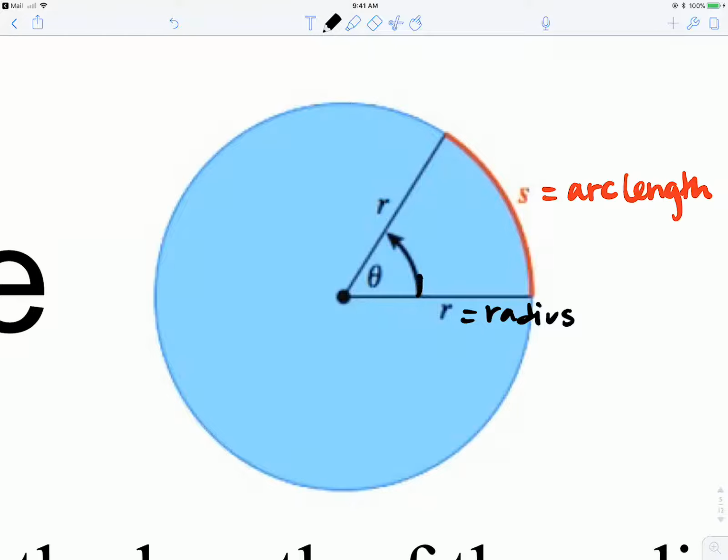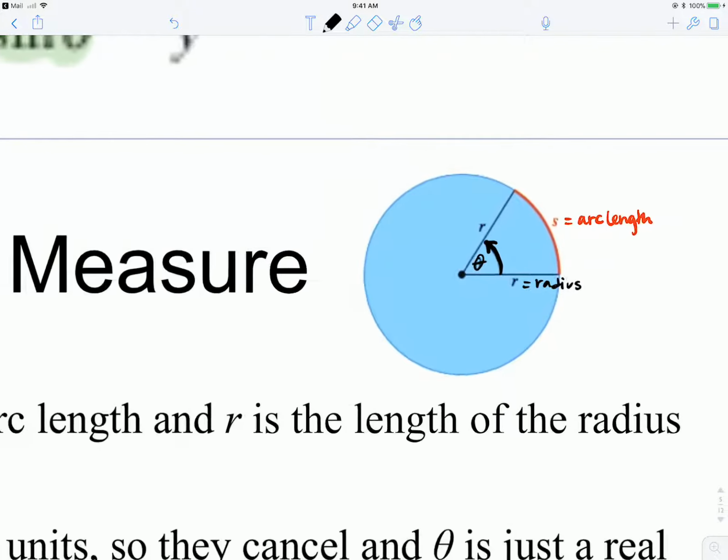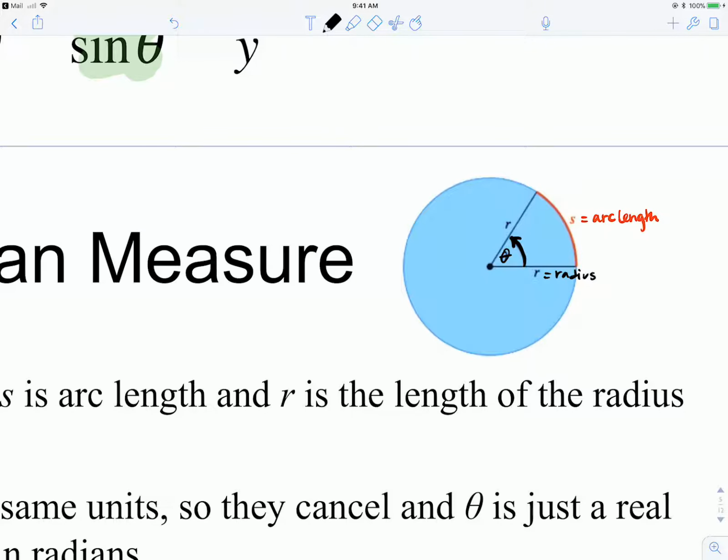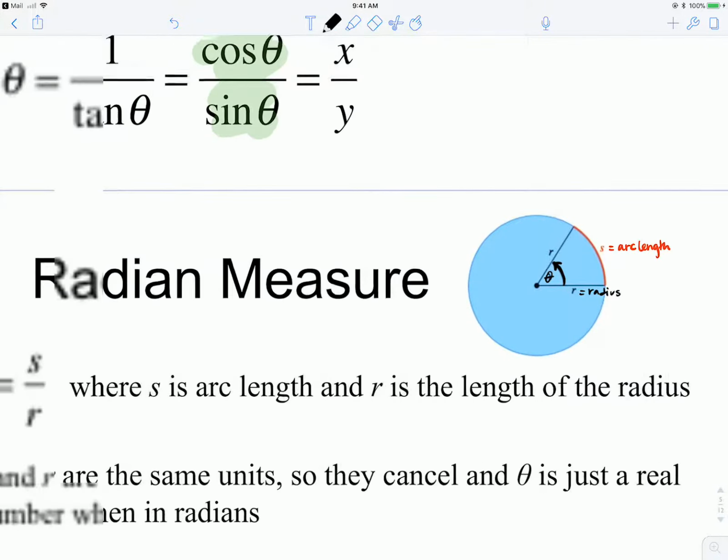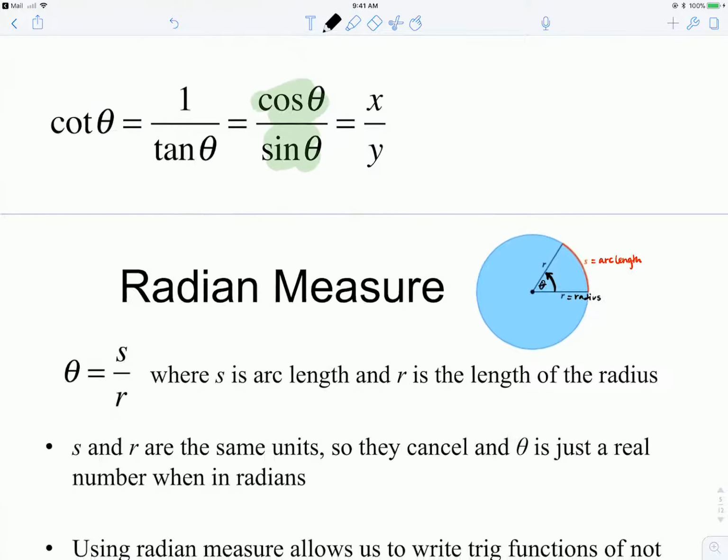If we want to know this angle here, we use the Greek letter theta to represent angles often. Theta is equal to the ratio s over r, so arc length over radius. And arc length and the radius must be in the same units.